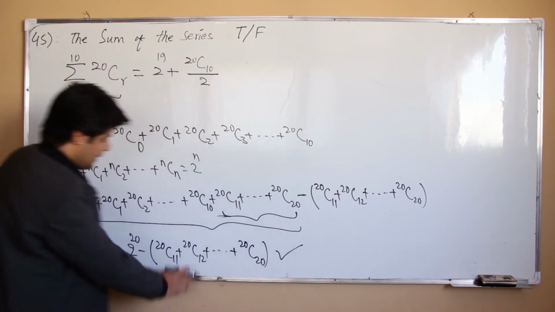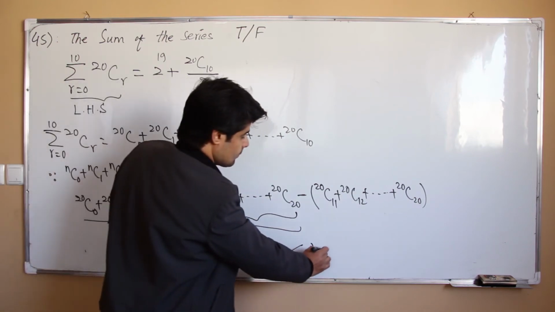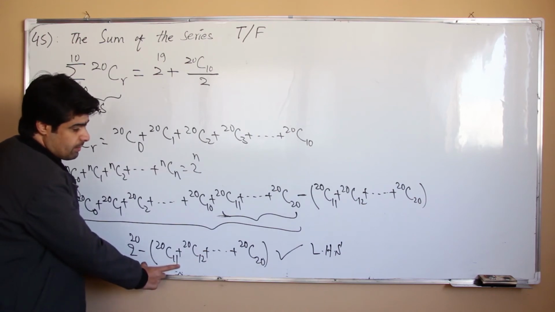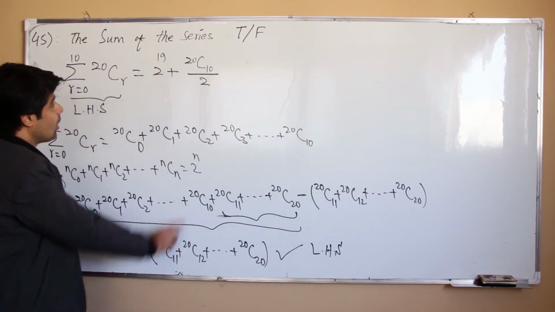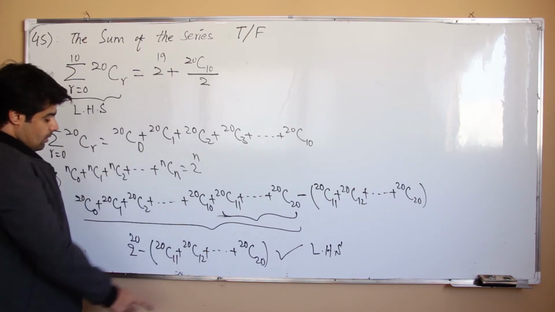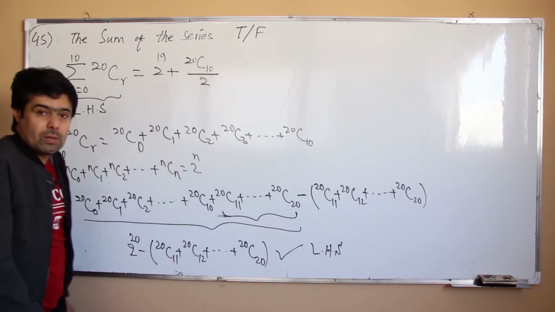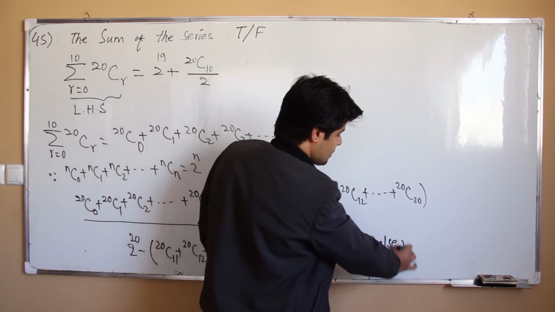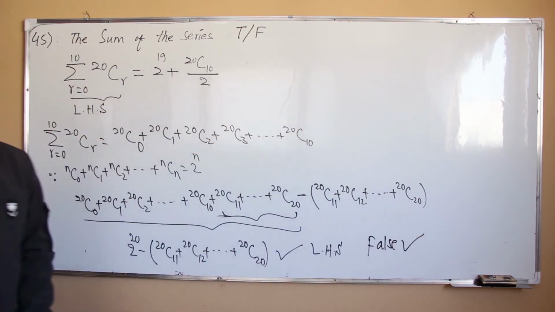This is your LHS. If you simplify LHS, this is the simplification. But RHS is something else. It's 2 to the power 19, but here we have 2 to the power 20. For this result, we can say that this statement is false. Write it, please.